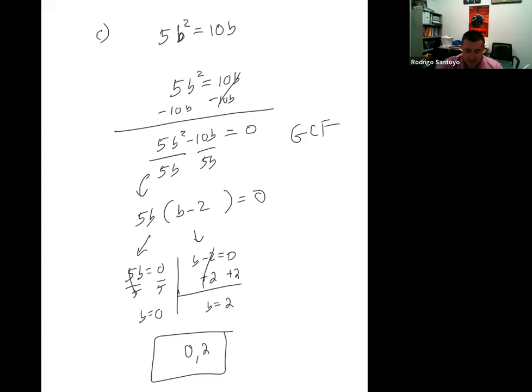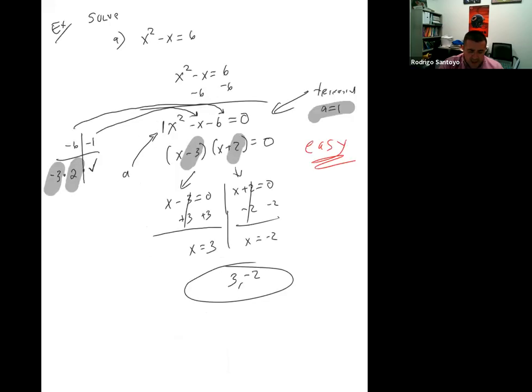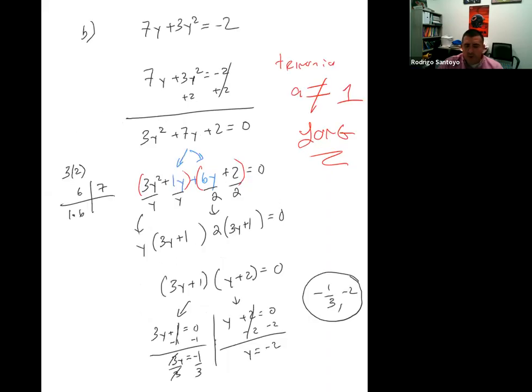Because a problem like the first one should go by fast. Trinomial where A is 1, like I said in red, that should be really easy. Where this second one, trinomial where A is not 1, takes more time, right? You could definitely expect to see one of those on the test, but you're not going to see more than one, because that takes away from doing other things.